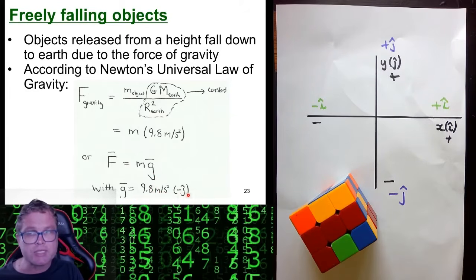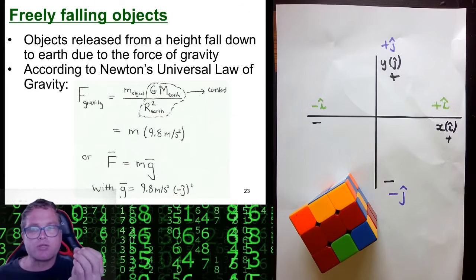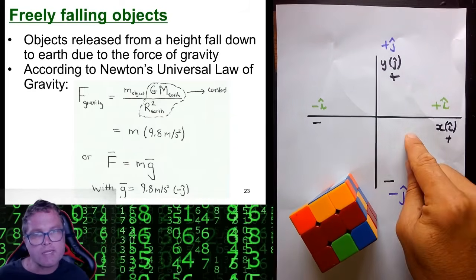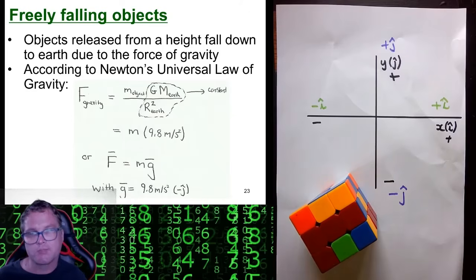The direction is in the minus j hat direction. Whenever we're going to be using g, we're going to have it operating in the minus j hat direction. This is because gravity pulls an object down, right? So the direction of g is always going to be in the minus j hat direction, always acting downwards.